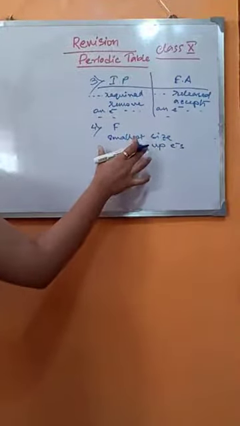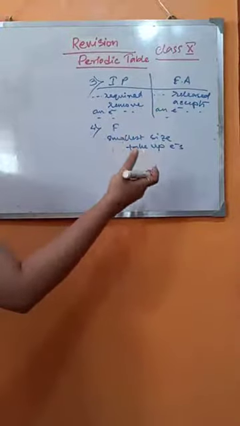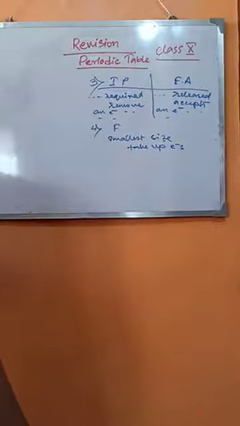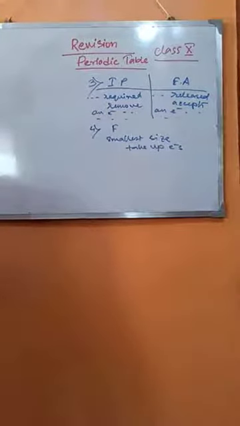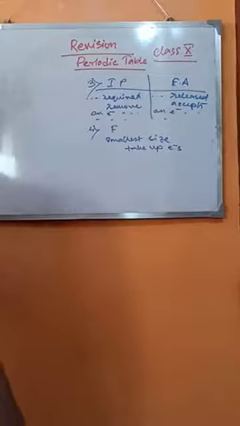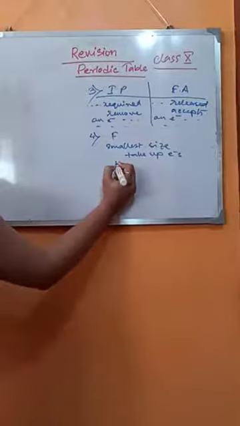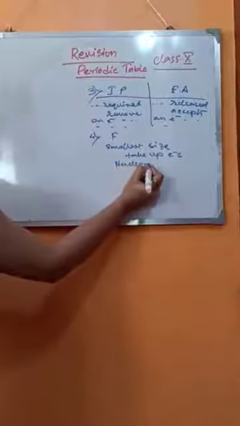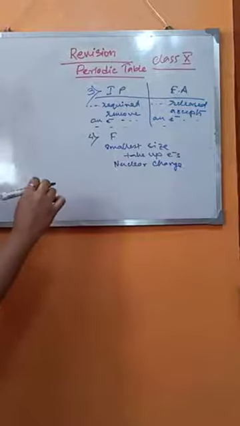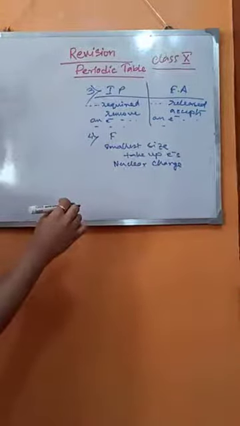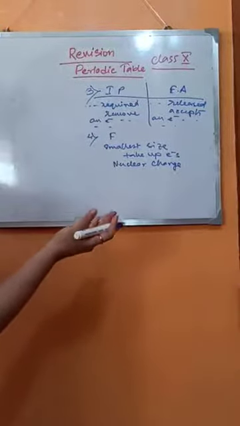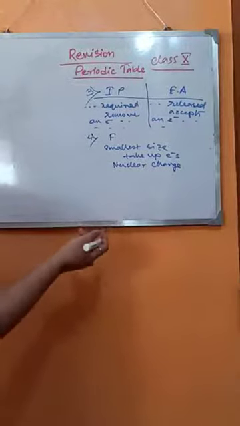Smallest size causes a greater nuclear attraction on the electrons. Therefore, fluorine can easily take up electrons. Also, you can say that the nuclear charge in fluorine increases its tendency to accept electrons. We know that as we move from left to right across a period, the nuclear charge increases. So, the greater nuclear charge on fluorine increases its tendency to accept electrons.